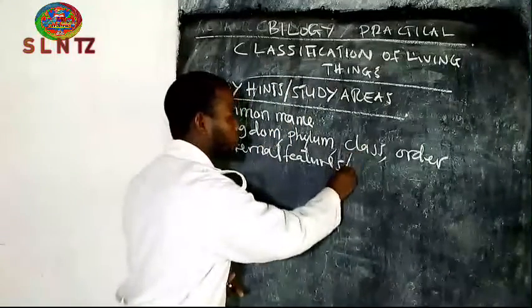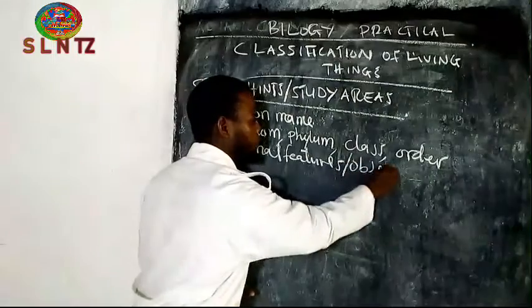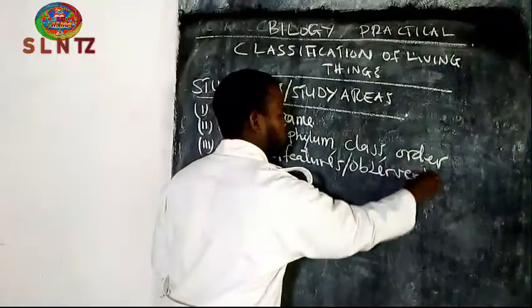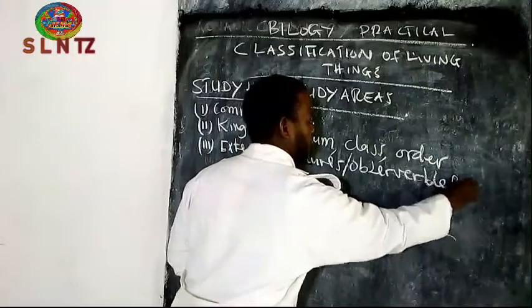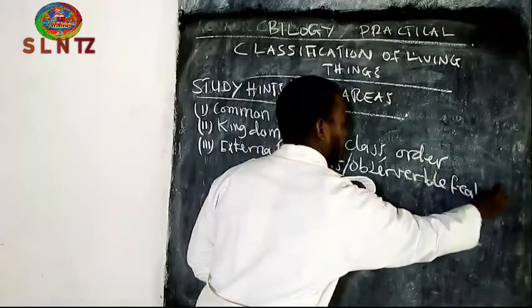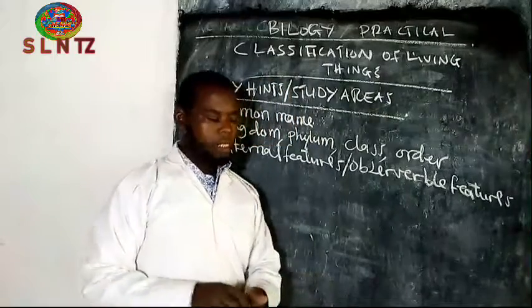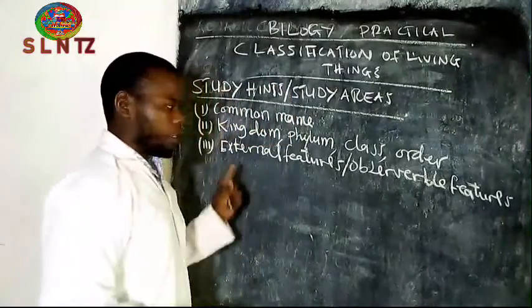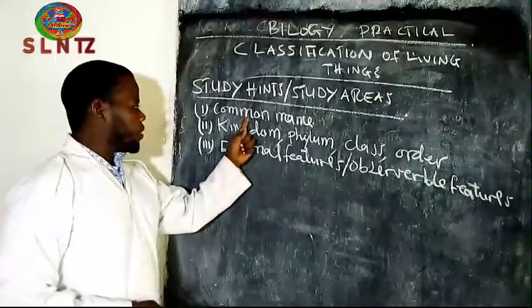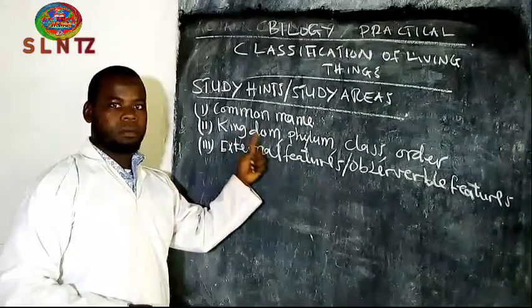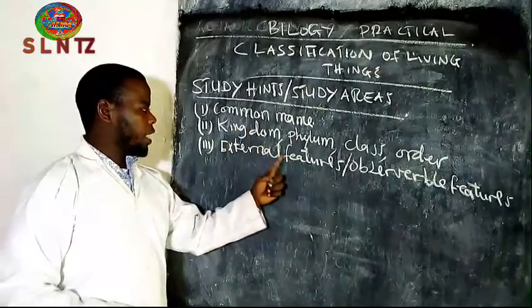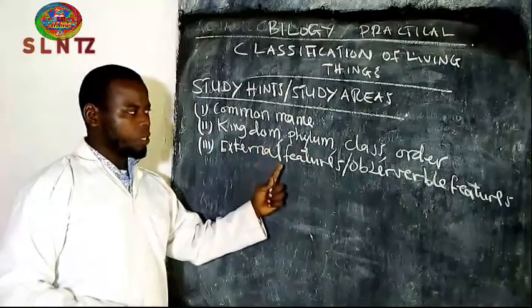Or this is called observable features. That is number 3. From common name, you have to study kingdom, phylum, class, and order, and the external features, observations.